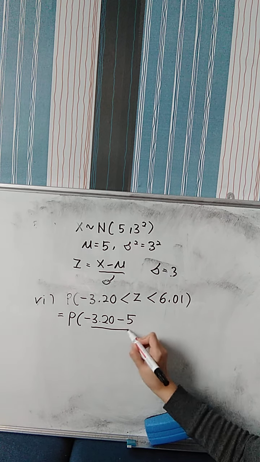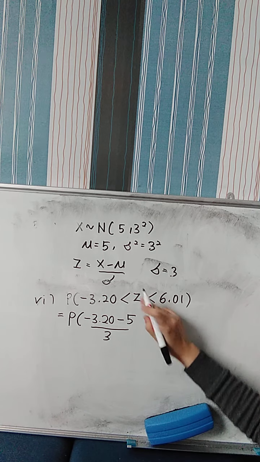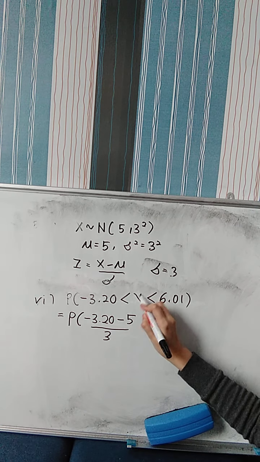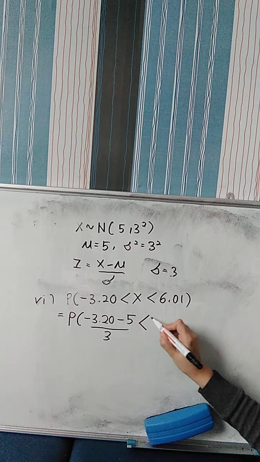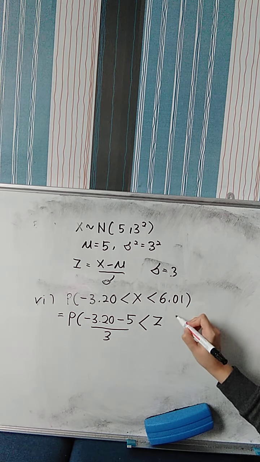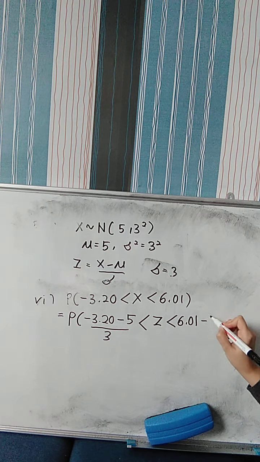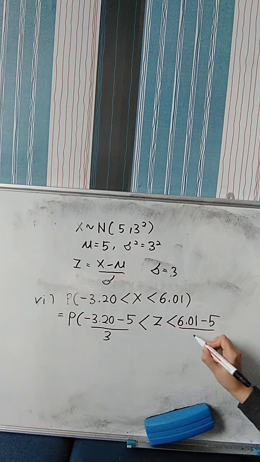You divide the standard deviation, which is 3. Okay, sorry, here is X. So less than, X becomes Z. And then 6.01, you minus 5, you divide 3.